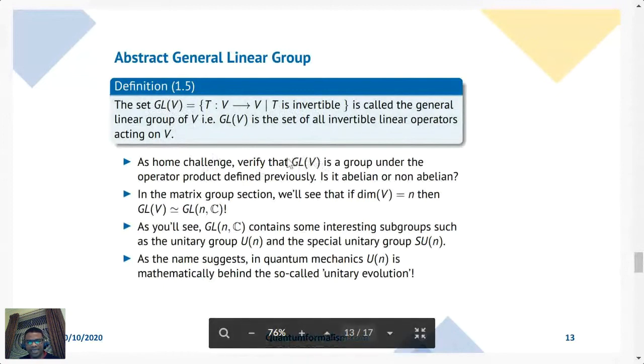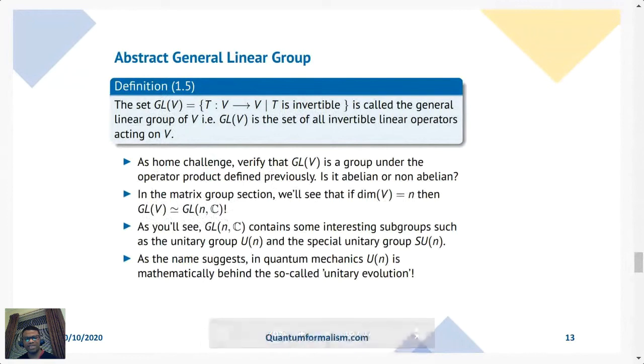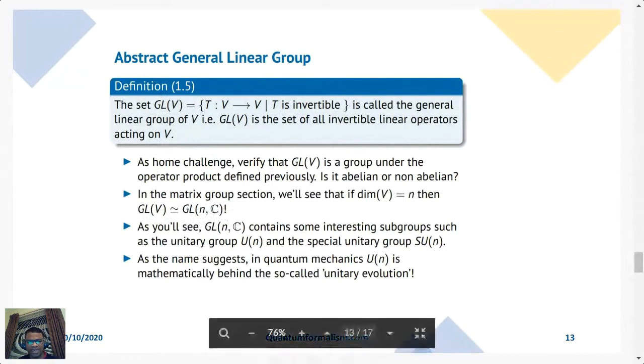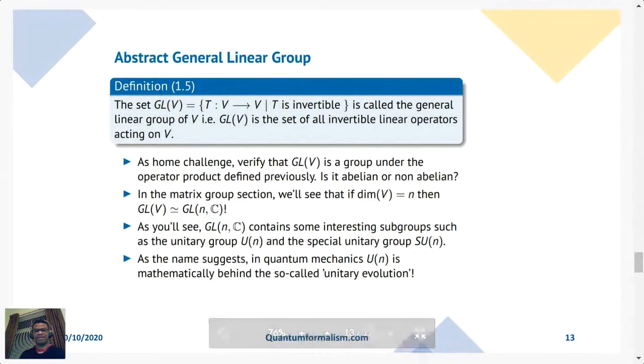Okay, and in that case, later in the matrix group section, in a few sessions' time, we will see that if the dimension of V equals n, then this group is isomorphic to the matrix general linear group that we already hinted at in the group section, but we will come back to that again. This is very interesting. This shows again how the concept of dimension is a very intrinsic concept on a vector space.